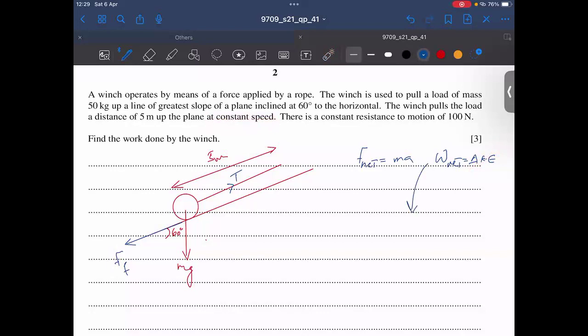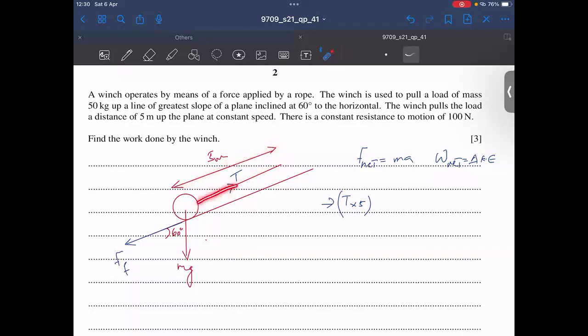The work done by this force by the winch is T times 5. Now, when you're calculating the net work done, you're going to be associating plus and minus signs with the work done by each of the forces. This is the force exerted by the winch, and this is the direction of displacement.